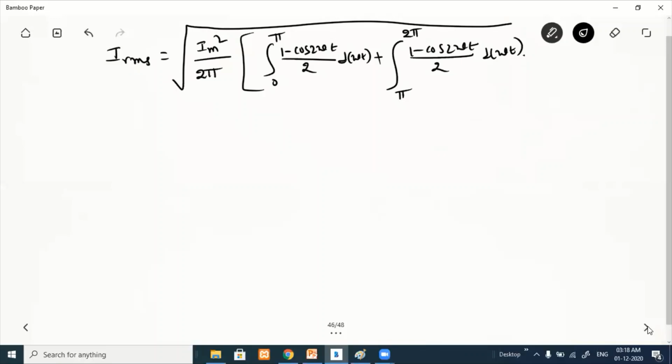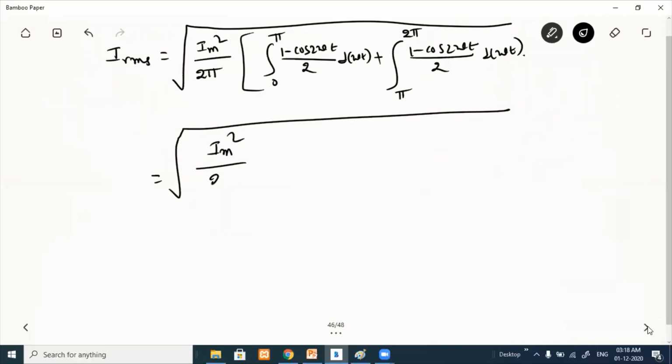Then apply integration and substitute the limits. Then it becomes Im square by 2 pi into pi plus pi.